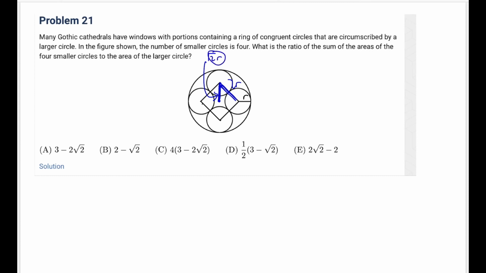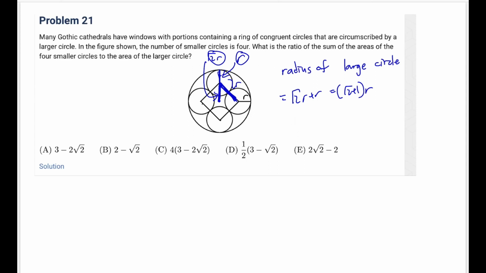Because this multiplied by root 2 is 2r, so this will be root 2 r. But then we also know that this much is r. So the radius of the larger circle will be root 2 r plus r, which is root 2 plus 1 times r. And the radius of the smaller circle is r, as we know.